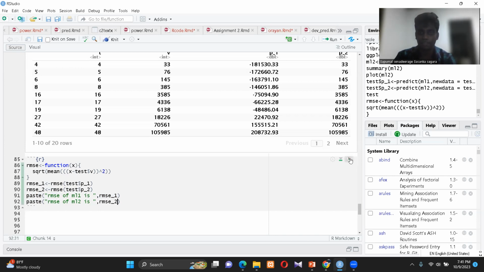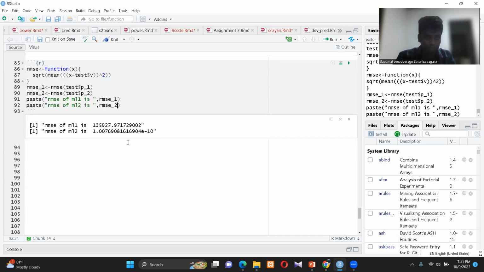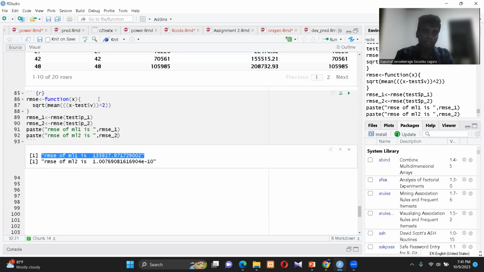Okay, let's predict. You can see this is pretty small and seems like there is no difference, but comparatively there is a difference this much. So though the r squared and adjusted r squared values are better, we cannot say by looking at the r squared value only that it's a good model.